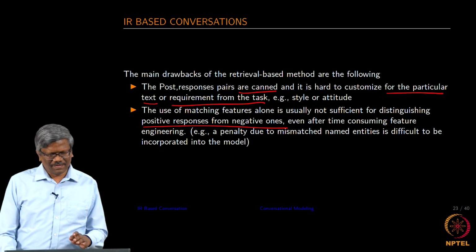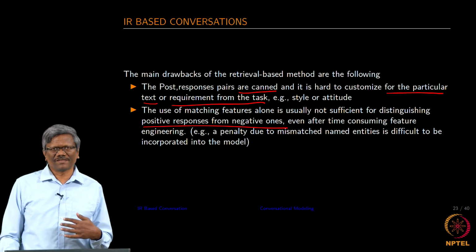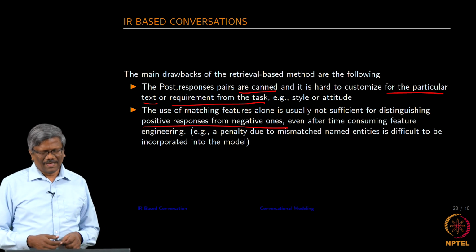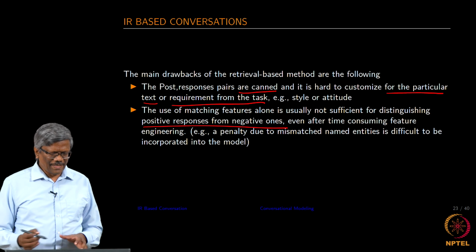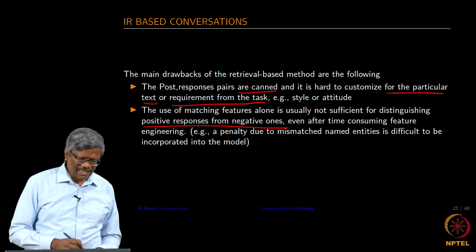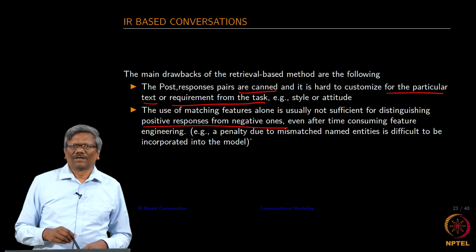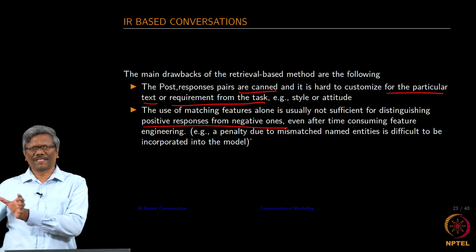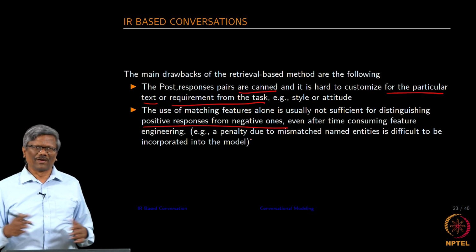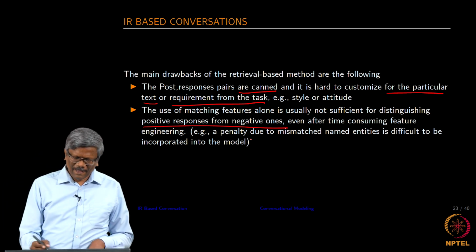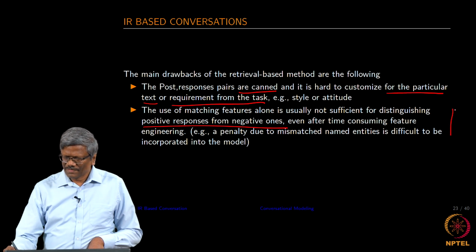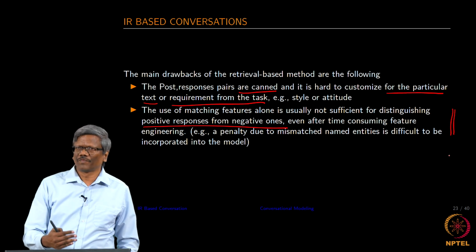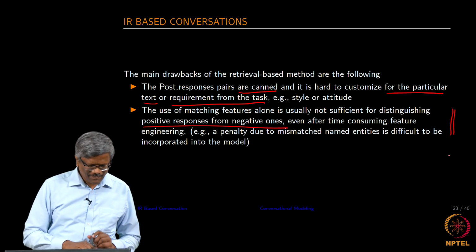So, the IR based conversation does not have any other mechanism to capture other features. So, we need to find a different mechanism in order to fine tune this. When we look at this model, it is only based on the keywords that are provided, not beyond that, right. So, that is why this is not sufficient. So, we need to look for some more additional features that could be fed as part of the system.